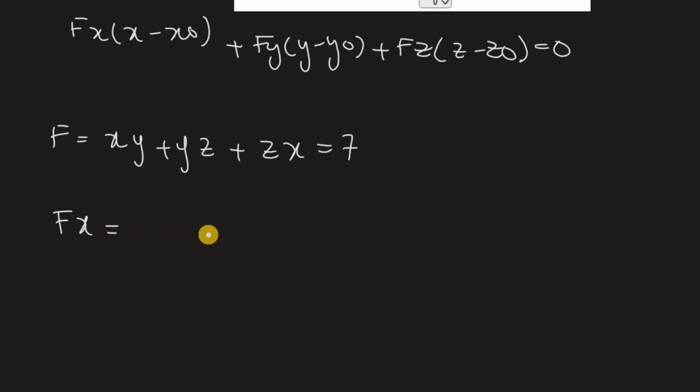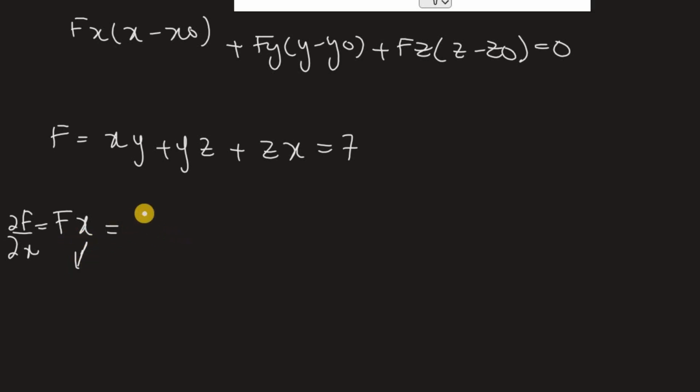This is what I'm going to do because it's easier and there's less chance of making a mistake, so I would suggest you do the same. We are differentiating the function with respect to x. It is the same notation as the partial derivative of f with respect to x, which means all the other variables are treated as constants.